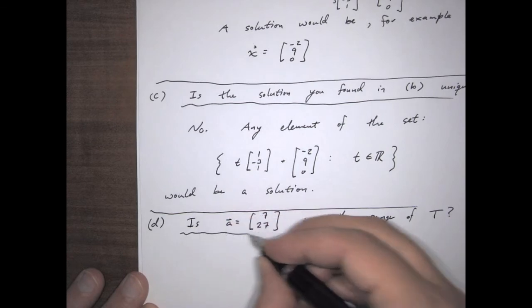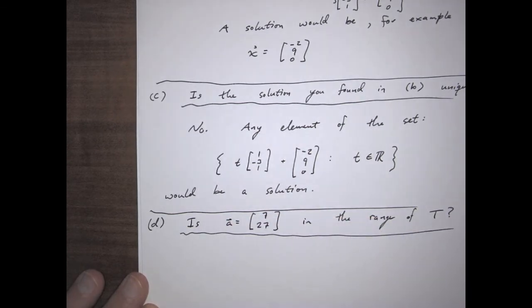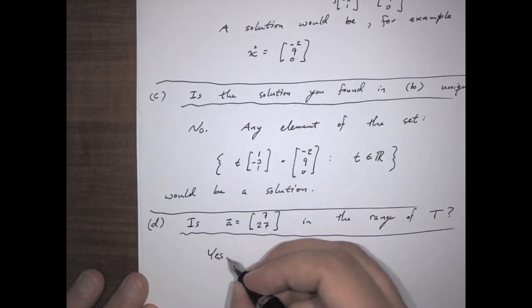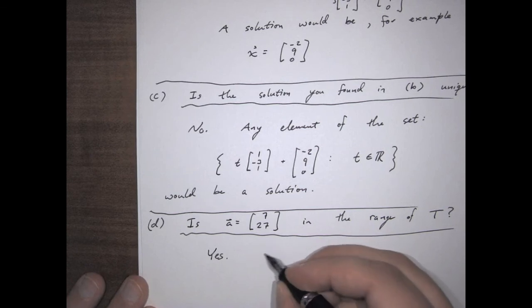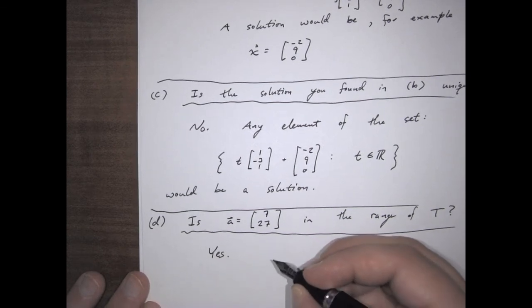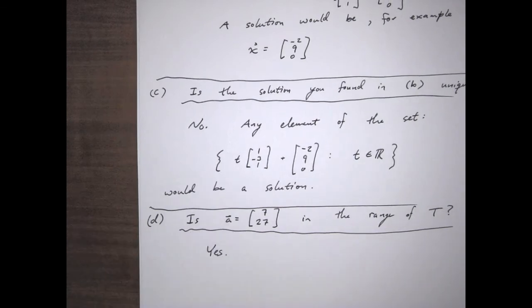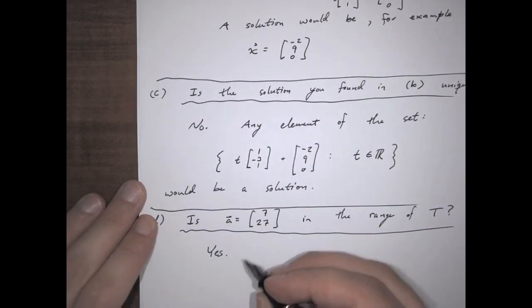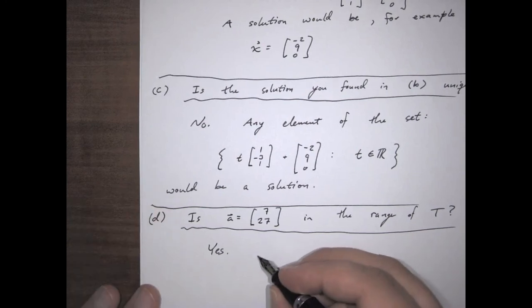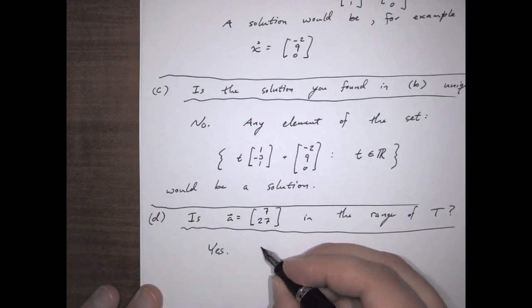Answer is yes. And the reason is because there are values of x such that a would be the image of that x under T, and in fact we just characterized them.